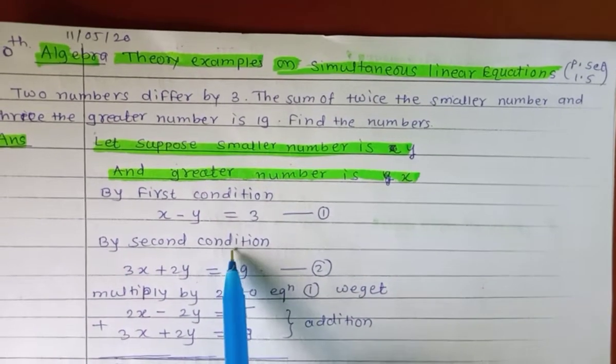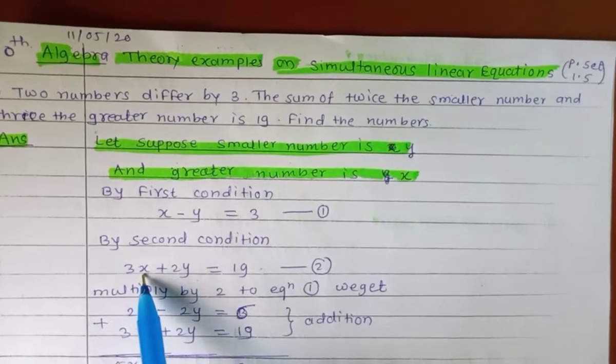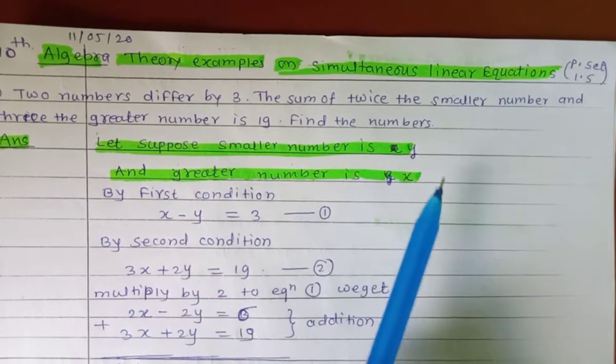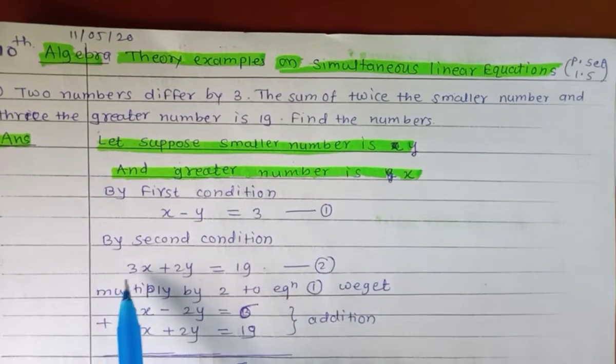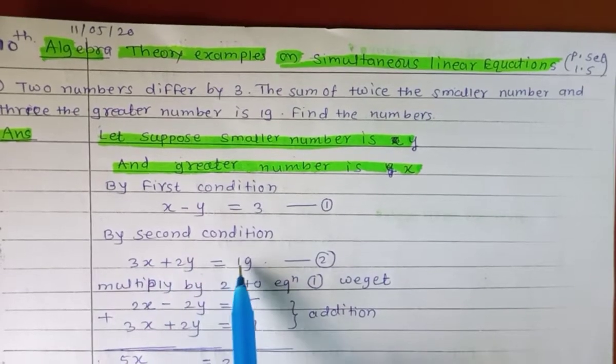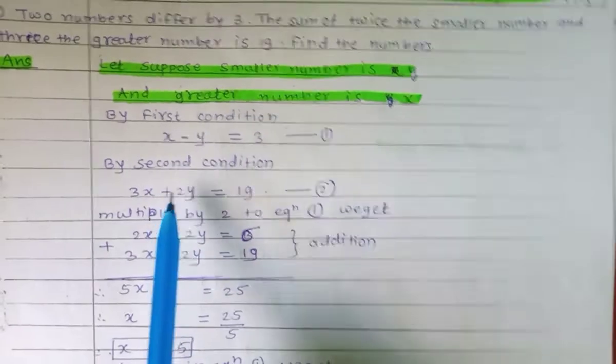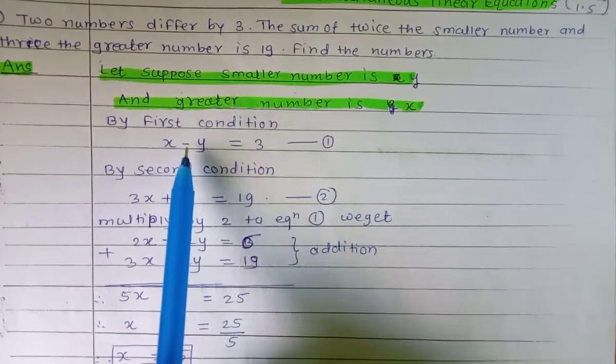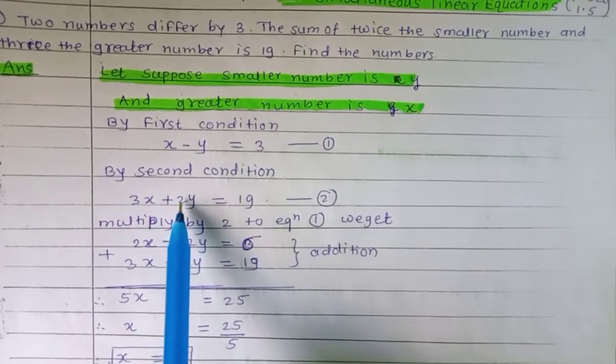By the second condition, thrice the greater and twice the smaller, so 3x plus 2y equals 19. Here the coefficient of y is 2 and here it is 1, so we have to multiply equation 1 by 2.